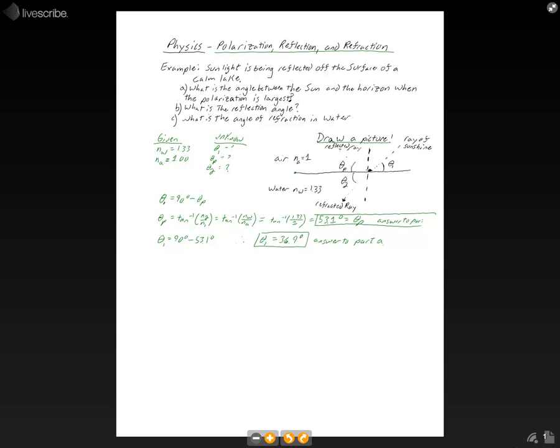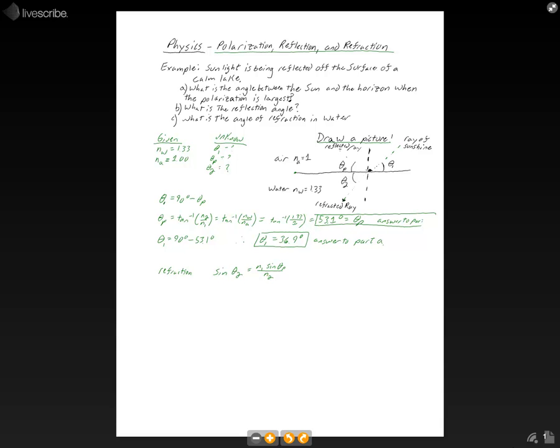Alright, and then finally, we have to find the angle of refraction. And so to find the angle of refraction, we use a pretty generic formula, which is sine theta 2 is equal to N1 sine theta p divided by N sub 2.